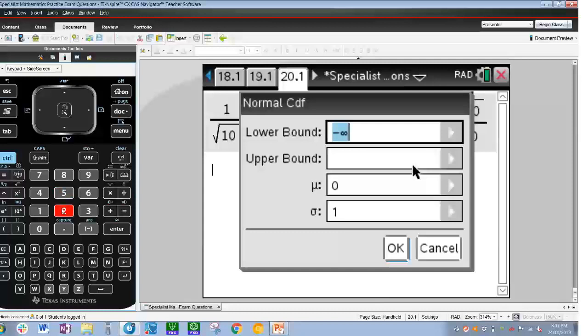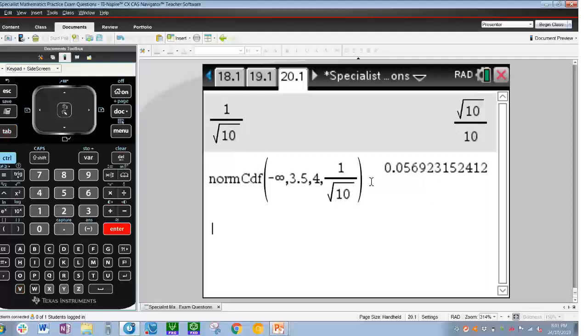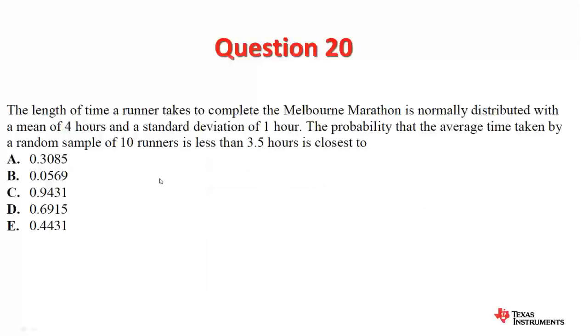We want the average time to be less than 3.5 hours, which means our lower bound is already at negative infinity. Upper bound is going to be 3.5. Our mean is 4 hours, and our standard deviation is the new standard deviation of 1 over root 10. I press Tab, I go Enter, and I get 0.0569, which corresponds to option B.